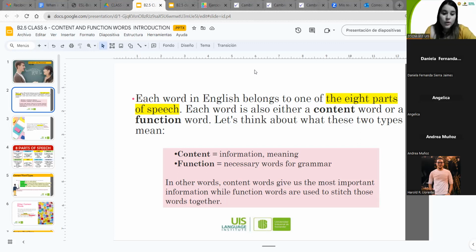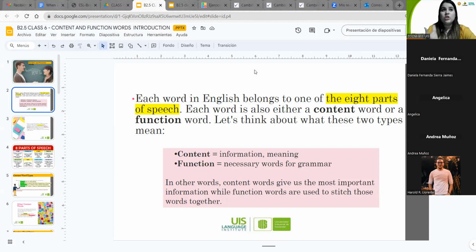I don't understand what you want to say. If you say behind, between, in, on, otherwise, the person is not going to understand what you're trying to say. However, it doesn't mean that function words are not important. They are.